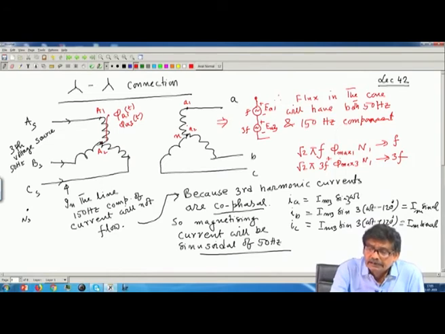Therefore, across the phases both in primary and secondary coils, the induced voltage will have a 50 hertz component as well as a 150 hertz component. Okay, and that is what I am telling is not desirable. Now, the question is, what about line to line voltage?